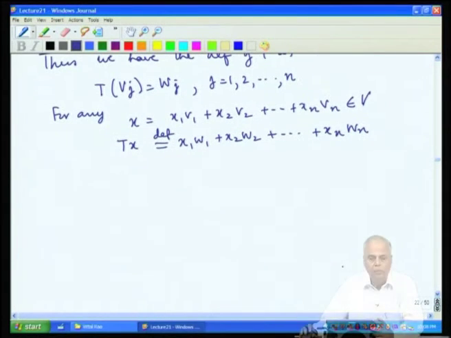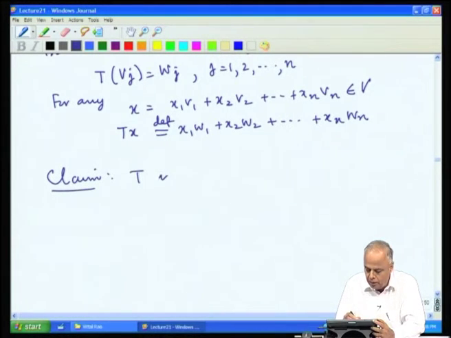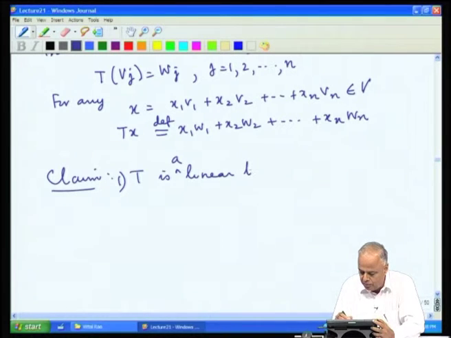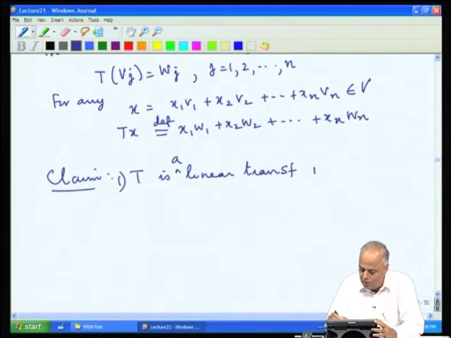Now, all we will do now is we claim T is linear. This we have already taken care of in the way we define T, we brought in the linearity to get the definition of T(x). So, this has already been taken care of.